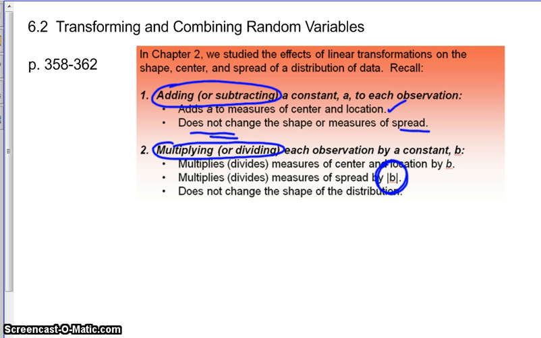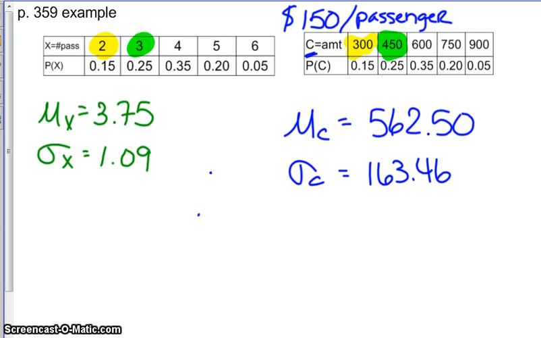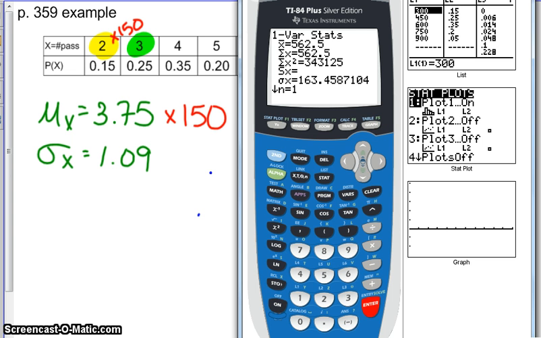I want to be able to go back to these types of rules that we had earlier in the year and do the same thing. So think about how we did this: I multiplied each of these x values by 150. So if I do the same thing to my mean, because again, multiplication changes my mean, 3.75 times 150, there's my 562.5.